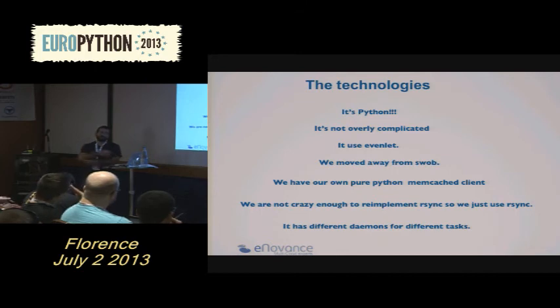And as I said before, we were not crazy enough to implement the full rsync, so we just use rsync directly. After that there are different daemons for different tasks, for example reaping accounts, like deleting full accounts. That would be another task for other daemons.